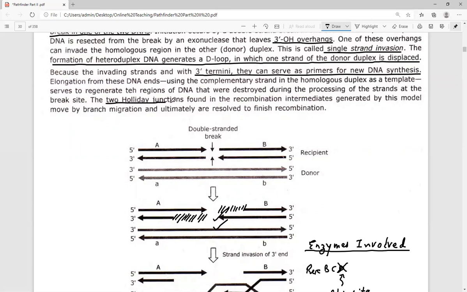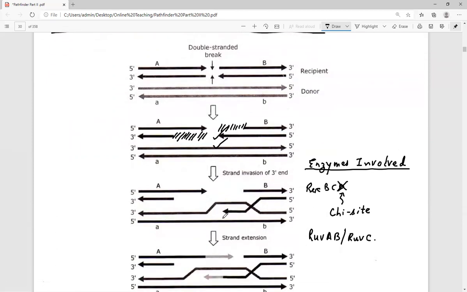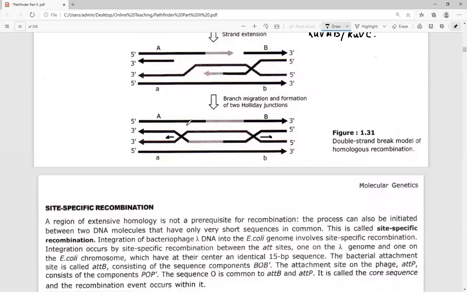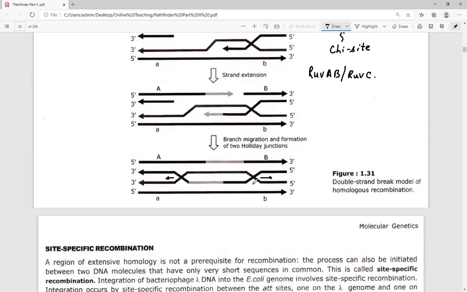The two Holliday junctions found in the recombination intermediates generated by this model move by branch migration and ultimately are resolved to finish recombination. Once they are resolved, the process of resolution takes place. Resolution involves the RuvAB protein present here, and lastly a protein referred to as RuvC.